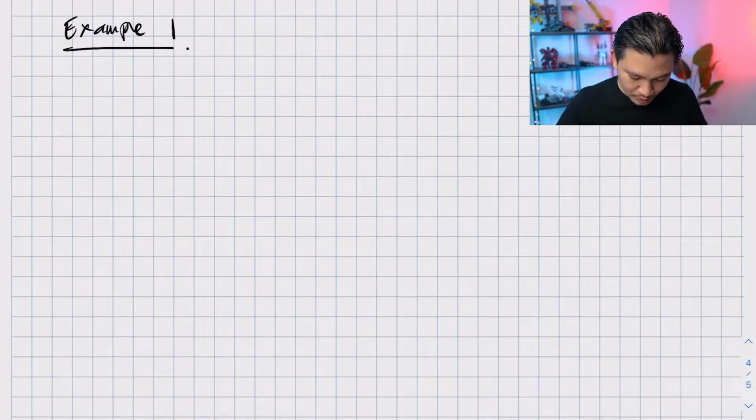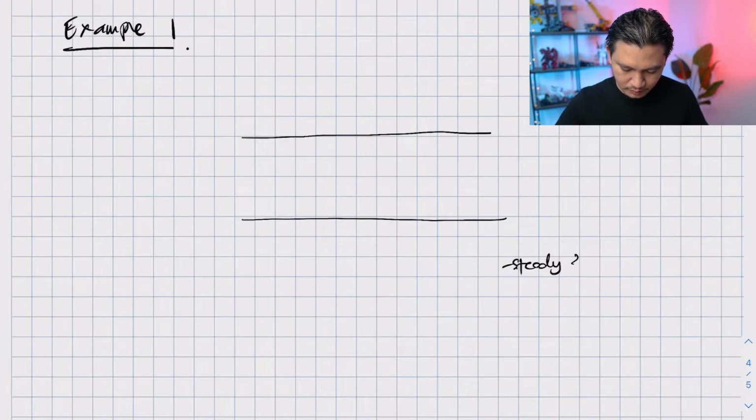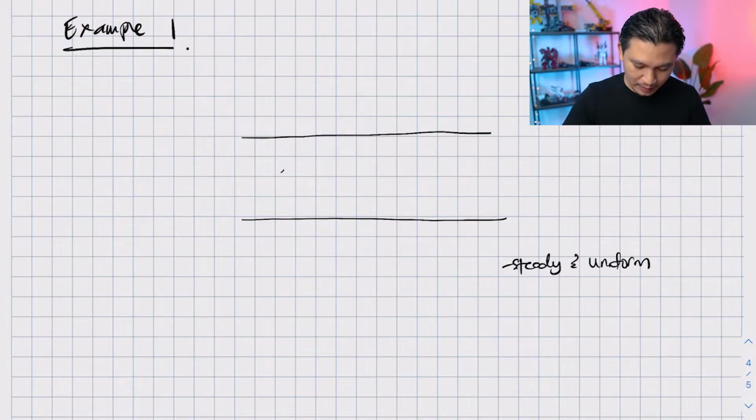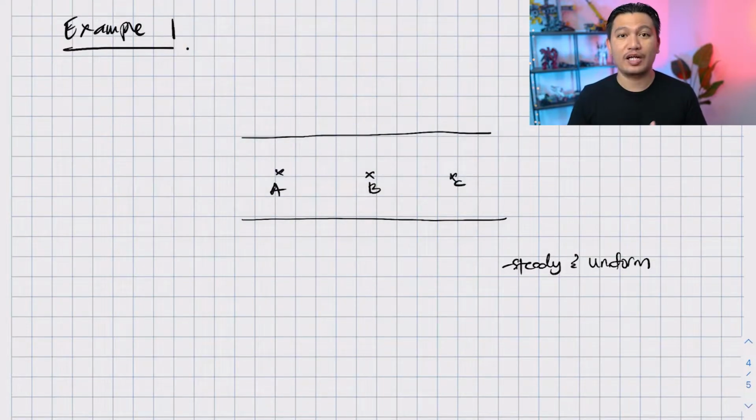In this example, you have a pipe that is carrying water, and now let's assume that inside this pipe is a steady and uniform flow. I have 3 measurement points inside this pipe, which I'm going to call point A, point B, and point C. What I measure at these points is the velocity.